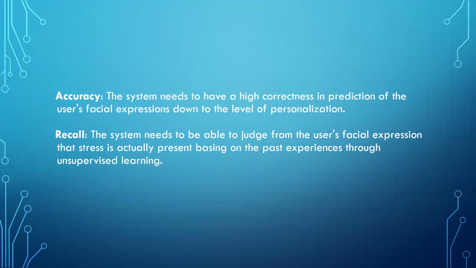Then recall: the system needs to be able to judge from users' facial expressions that stress is actually present based on past experiences through unsupervised learning. So recall is like remembering. How able is the system to remember all that we have?